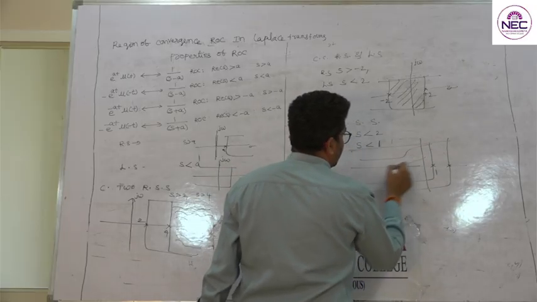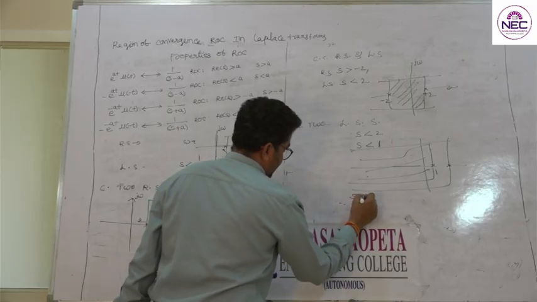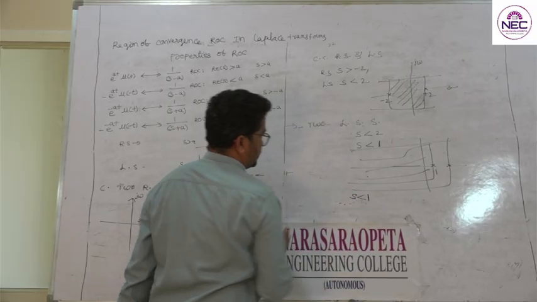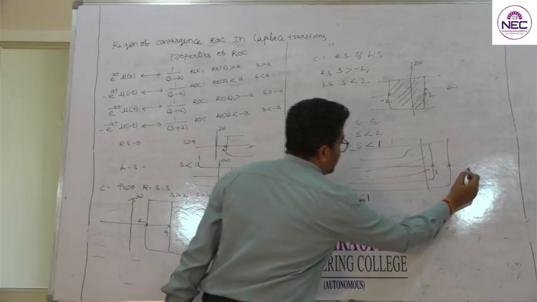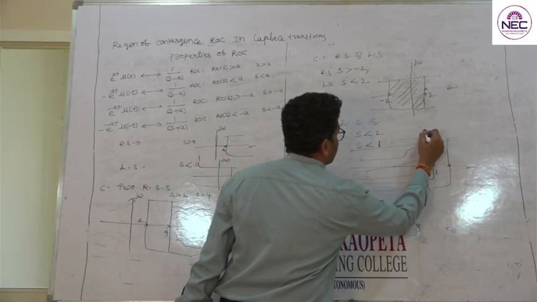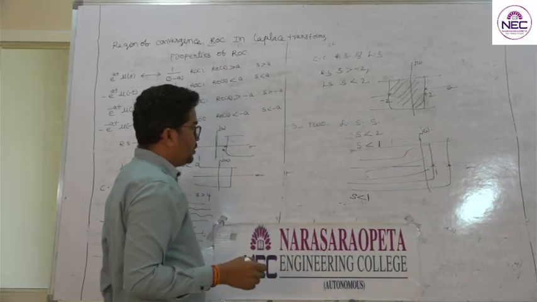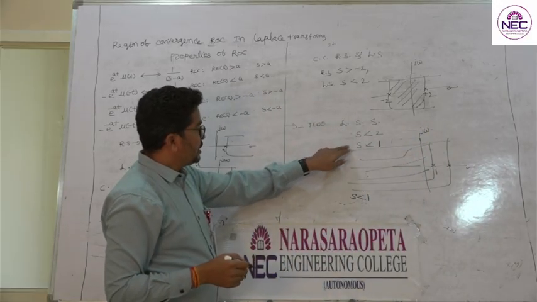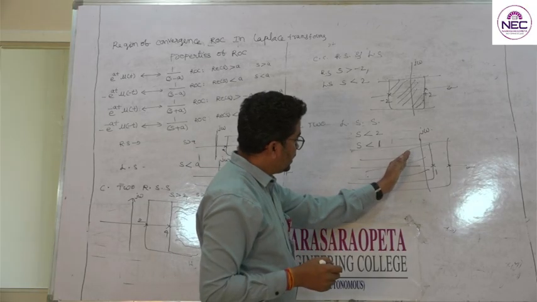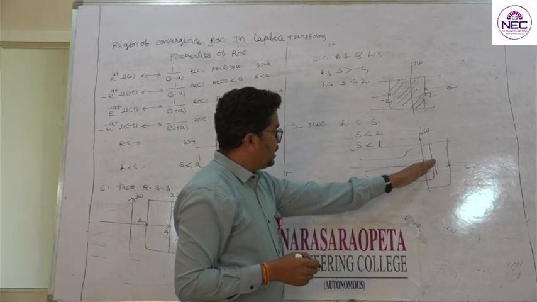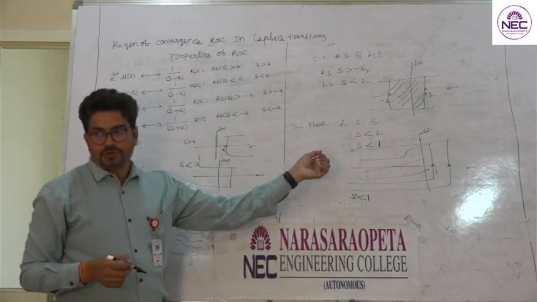Okay, the common ROC is s less than 1. Here sigma, j omega. Combination of two left side signals, ROC is always left side of the leftmost pole.